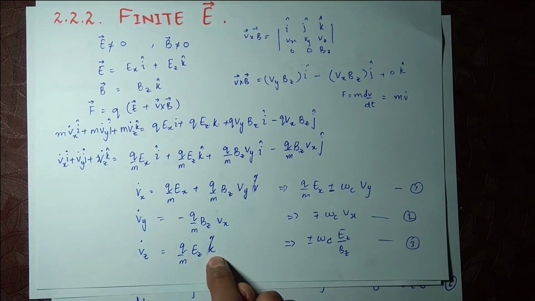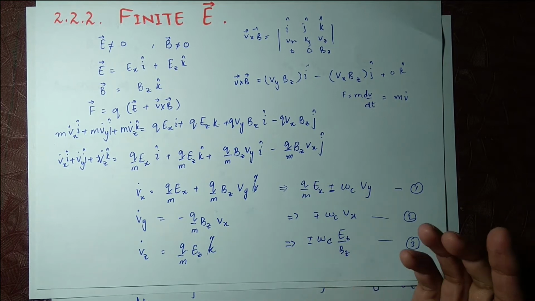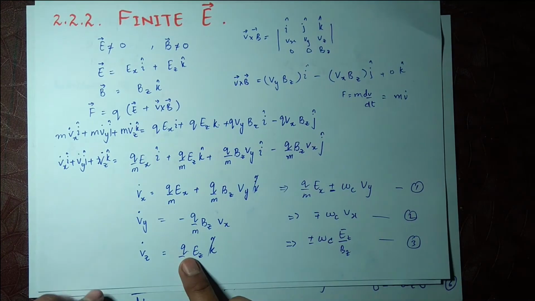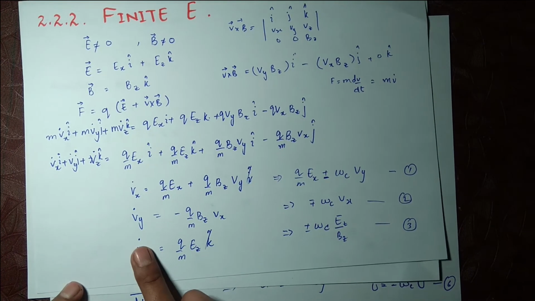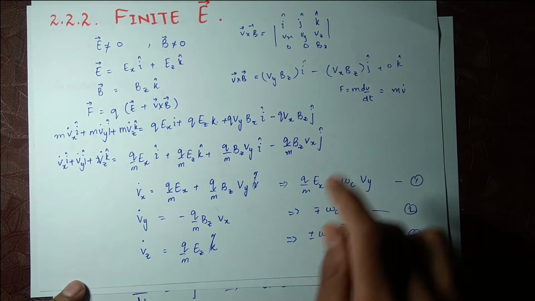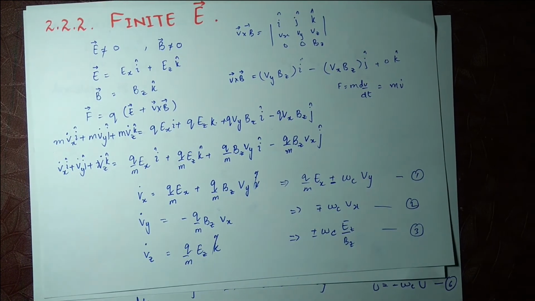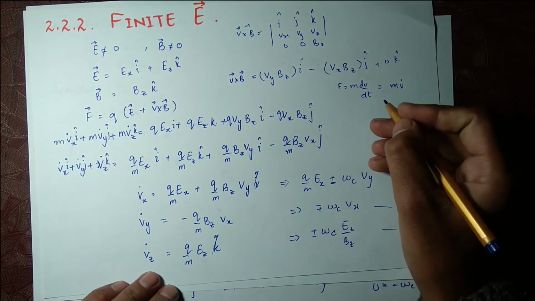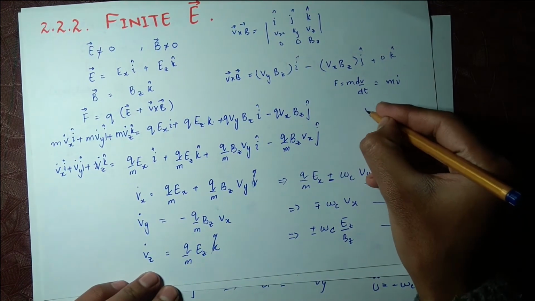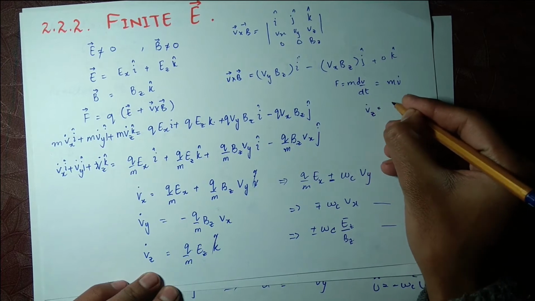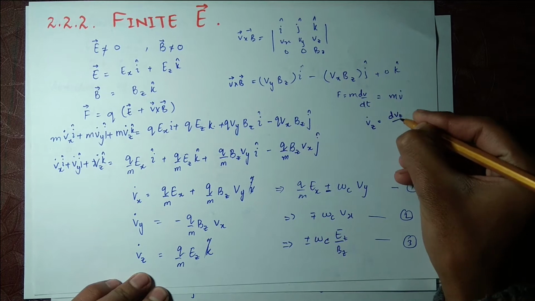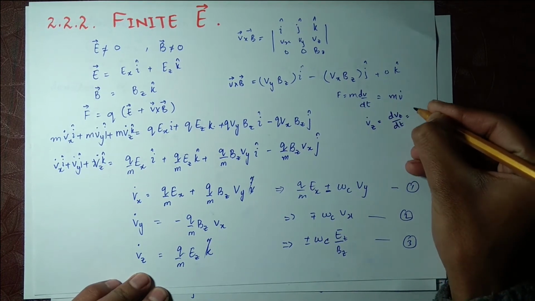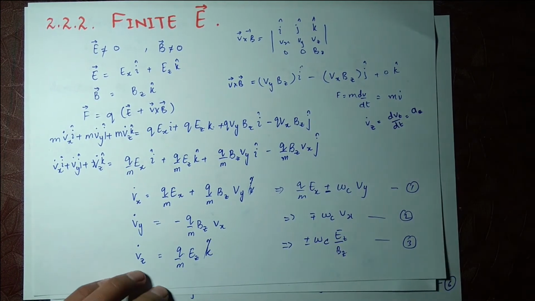If you see in your previous lecture, when E was equal to 0, we didn't have any acceleration along the z-axis. This is vz dot, which means dvz by dt, and you can say that this is acceleration along the z-axis.